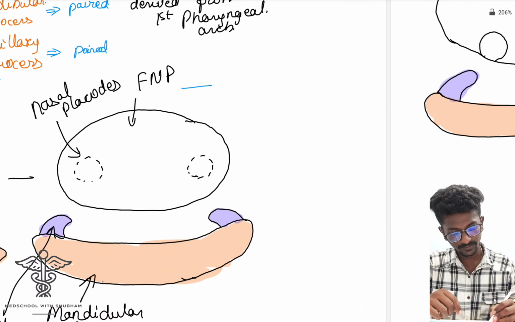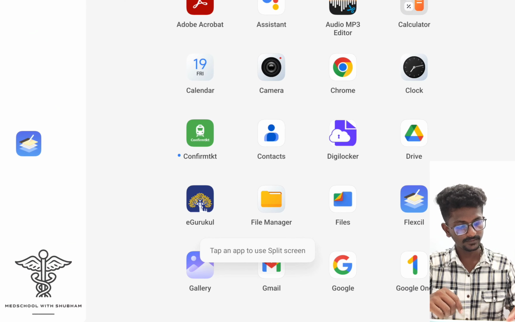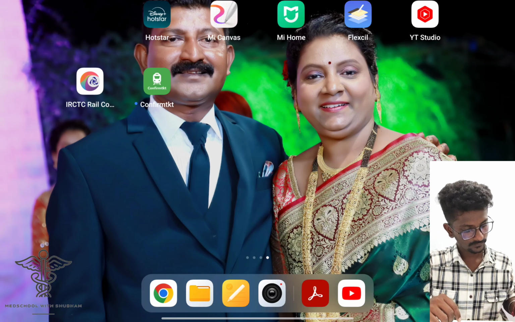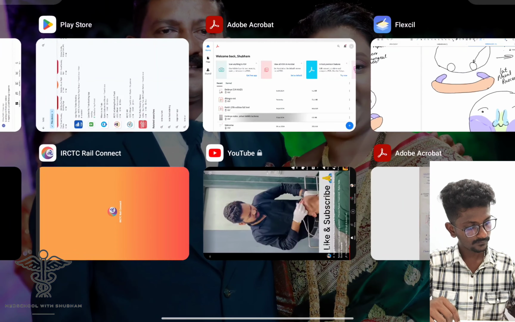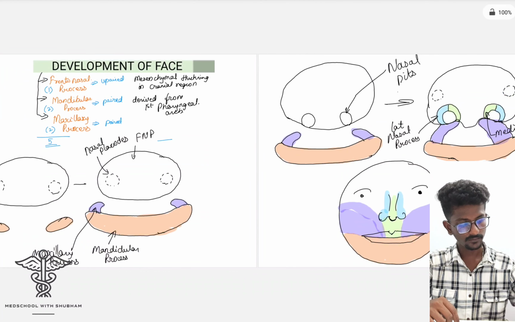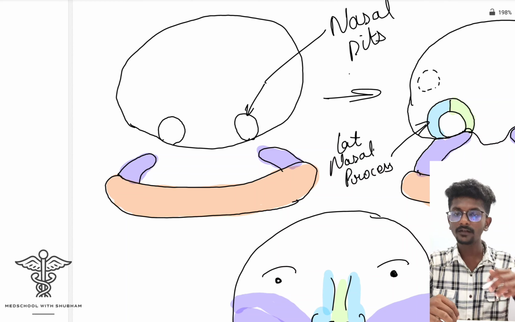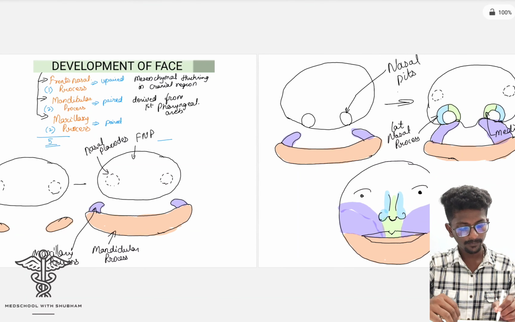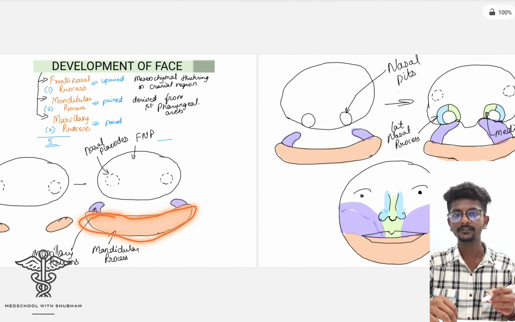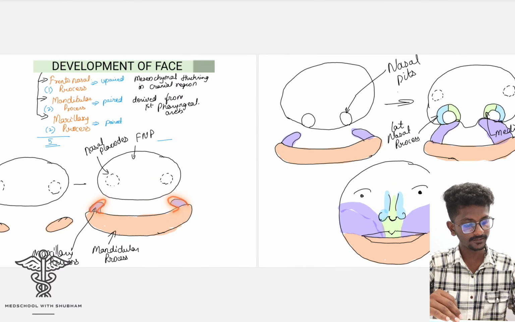From the mandibular process, it will give rise to 2 maxillary processes.